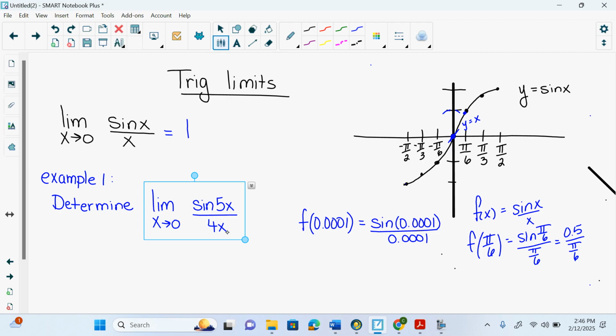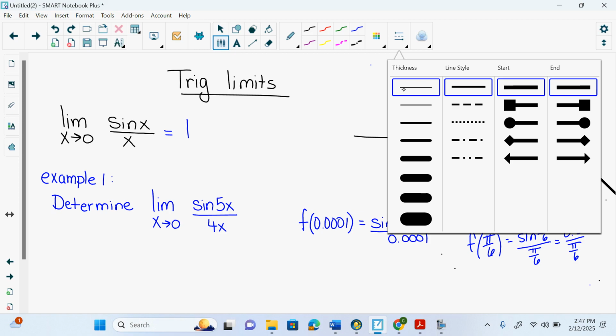So if I look at this one, though, I have sine 5x over 4x. What do I need it to be over? 5x, right? So I know that if I can get this sine 5x over 5x, that will just become 1. Do you agree? Because that's the limit. So what could I do?